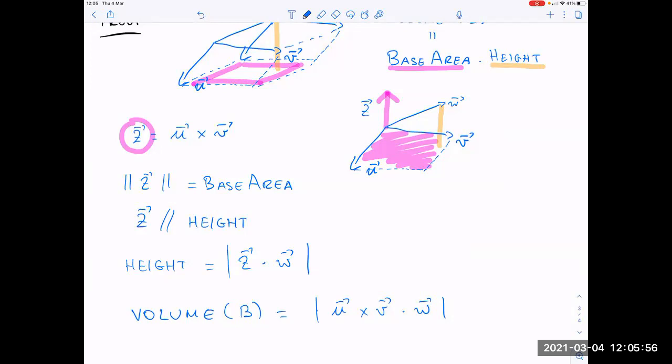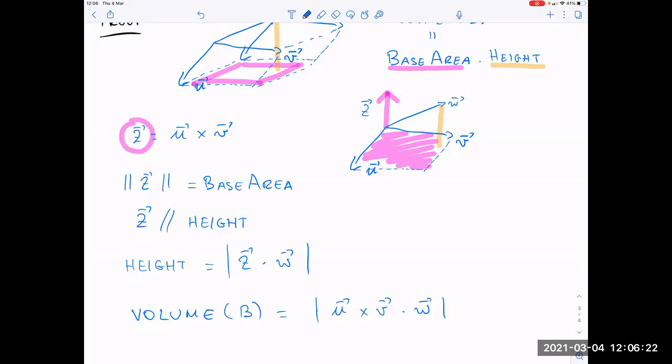Okay. Let me read in the chat. So there are questions about this. And there are questions about the height. We said to compute the height, we do the orthogonal projection.